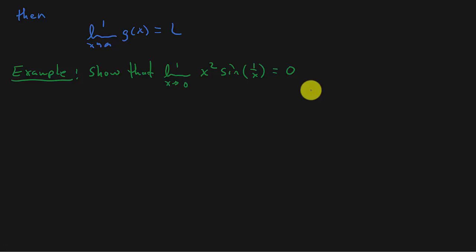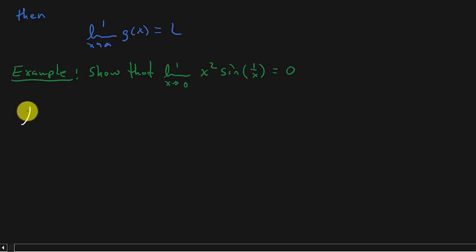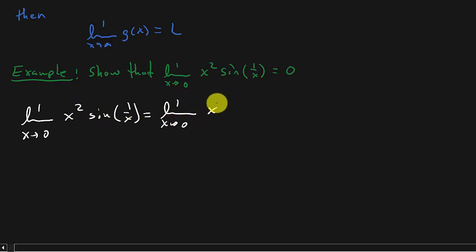So if we just looked at this and said, okay, well, the limit as x goes to 0 of x squared times sine of 1 over x. Well, we know that's the limit as x goes to 0 of x squared times the limit as x goes to 0 of sine of 1 over x, right? Using those limit laws that we learned earlier.